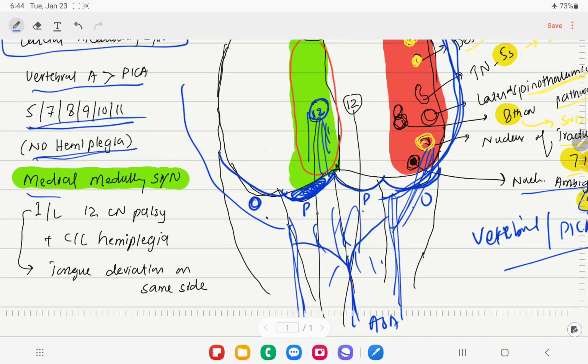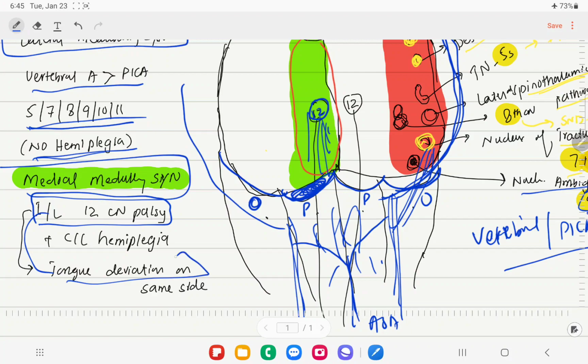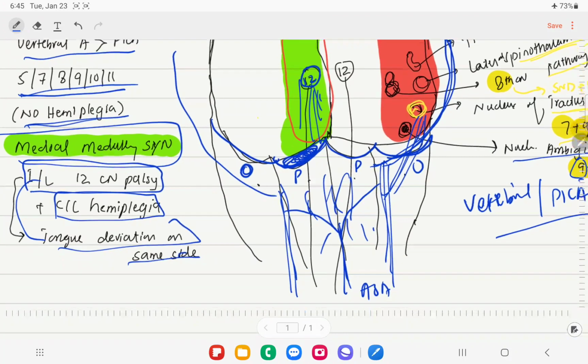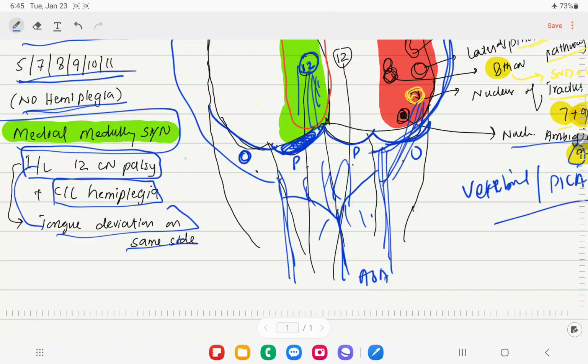So this is called medial medullary syndrome.